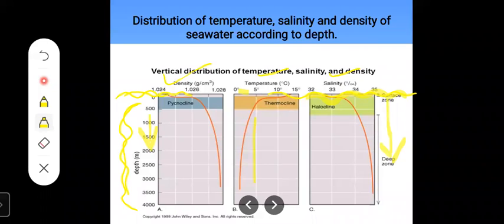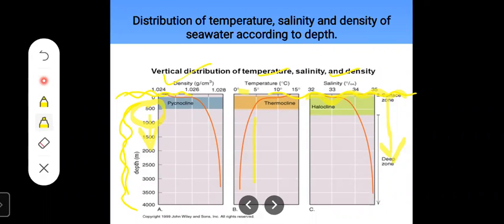If we cross 500 meter depth inside, there also the salinity will remain the same. Just keep it in your mind, students. Once you have crossed 500 meter depth inside, the temperature will be the same and the salinity will also be the same.